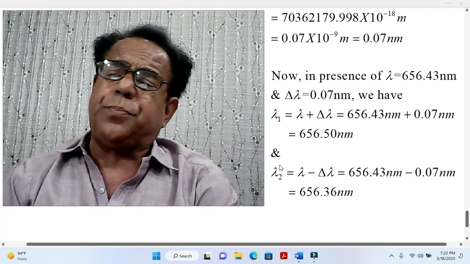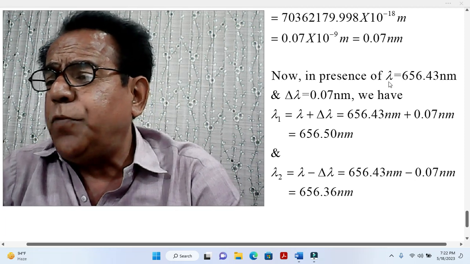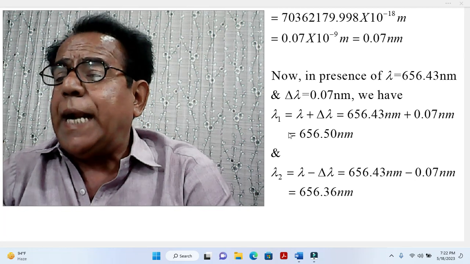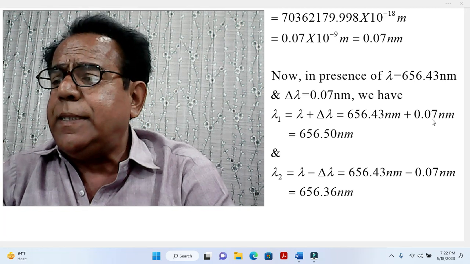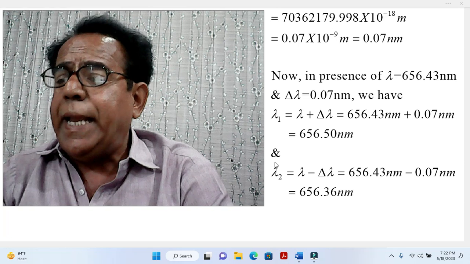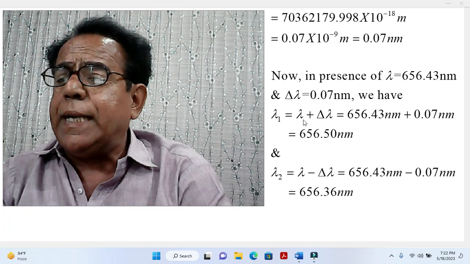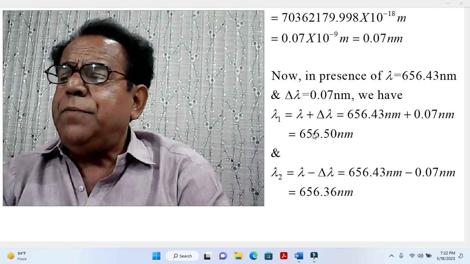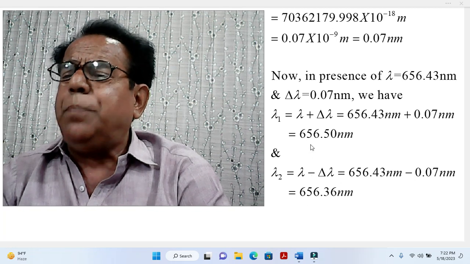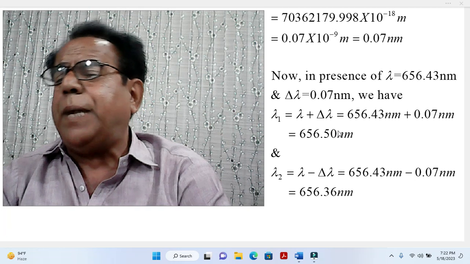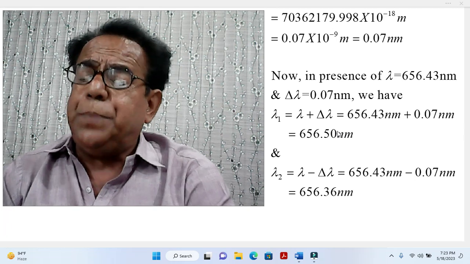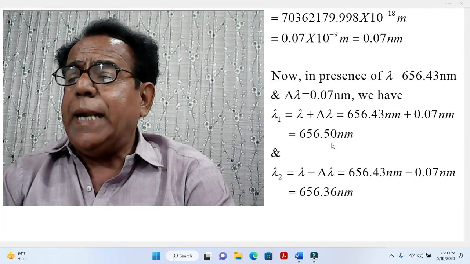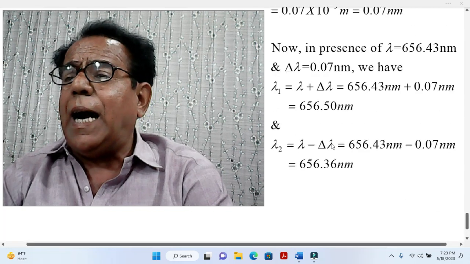Now in presence of lambda equal to this and delta lambda equal to this, we have delta 1 equal to this plus this, and this becomes equal to this, and delta 2 is equal to lambda minus delta lambda, and this becomes equal to this. We see that both are nearly equal, but because plus minus operation has been applied, some difference exists, and hence we have found all three values.